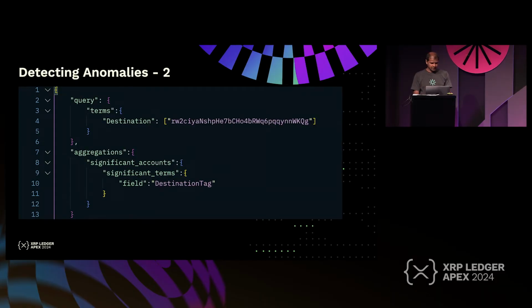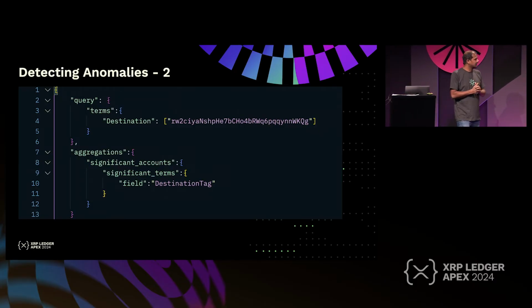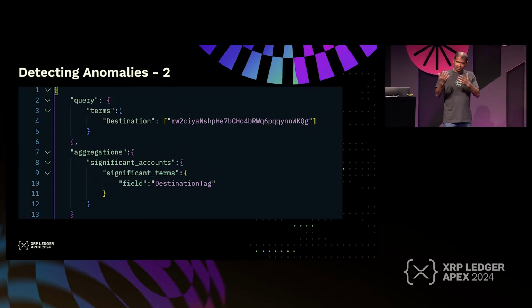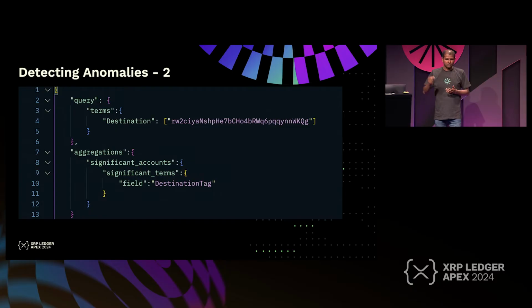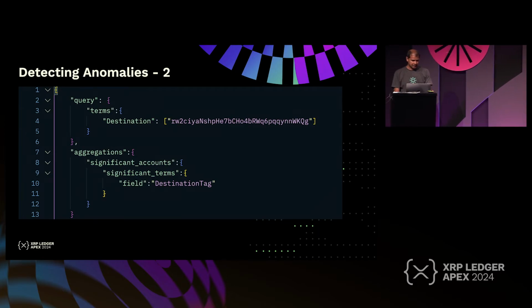Another example, this is Coinbase wallet again. Coinbase wallet, which destination tag received the maximum amount of funds? So generally, there are a lot of accounts which sent micro transactions of like 1 drop or 2 drops, which increases transaction volume. So which is a specific destination tag which received the maximum number of these micro transactions?